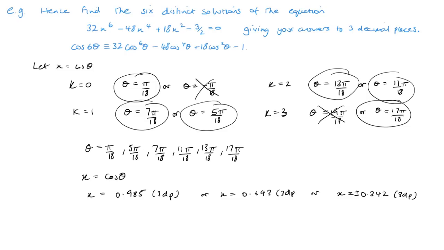Now when I do cos of 13 pi by 18, I get minus 0.643, so this one becomes plus or minus. And again, when I do the 17 pi by 18, this one becomes plus or minus. So those now are my 6 distinct solutions to this equation.